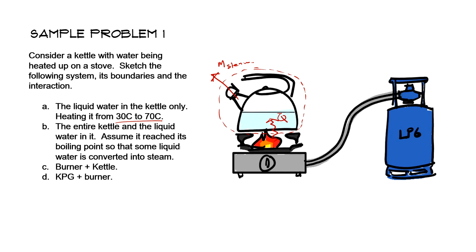The next is the burner plus kettle. In this case, if we want to analyze both the burner and the kettle and the water inside, what's going to be the interaction? First, we have this gas going into the burner.